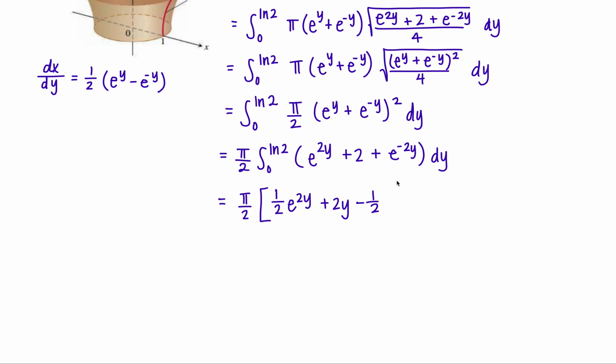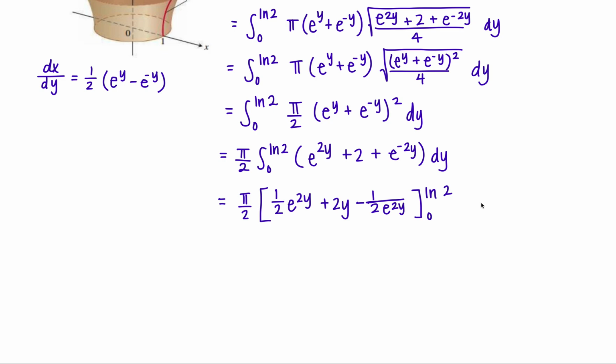That's the same thing as 1 over e^(2y), so I'm going to go ahead and write that in fraction form. And we're going to look at this from 0 to the natural log of 2. So now it's a matter of just plugging in.